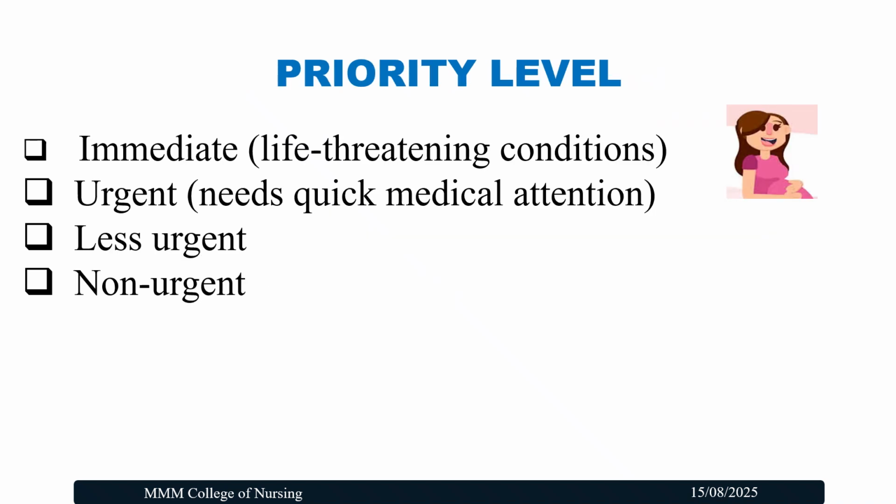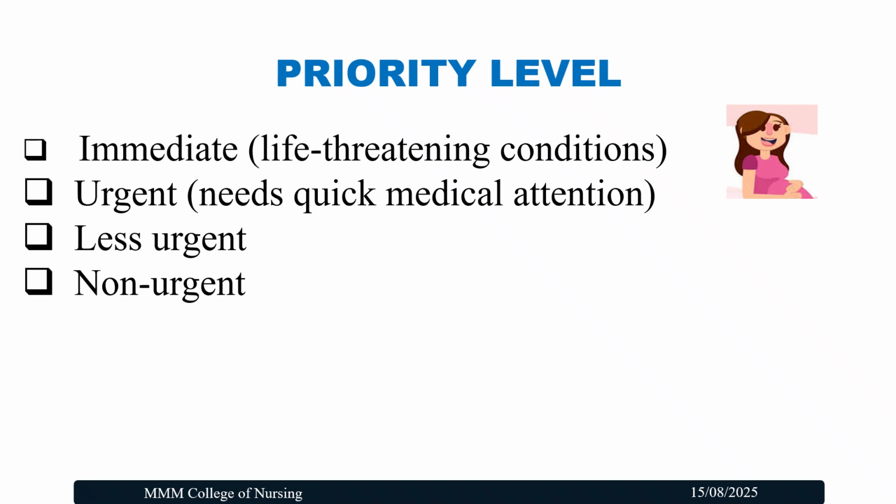Gestational age evaluations can be done. And here priority level, as we learned before, the immediate care, that is for life-threatening conditions. If there are any abnormalities in the vital signs, or they have a high fever, or any problem with the fetal condition or the condition of the mother, we have to give immediate care.